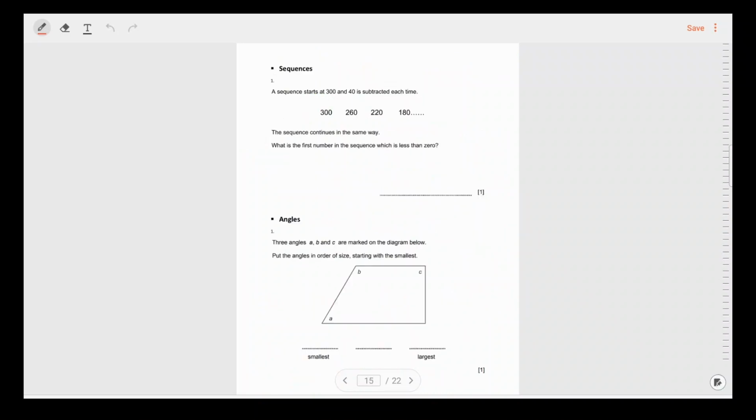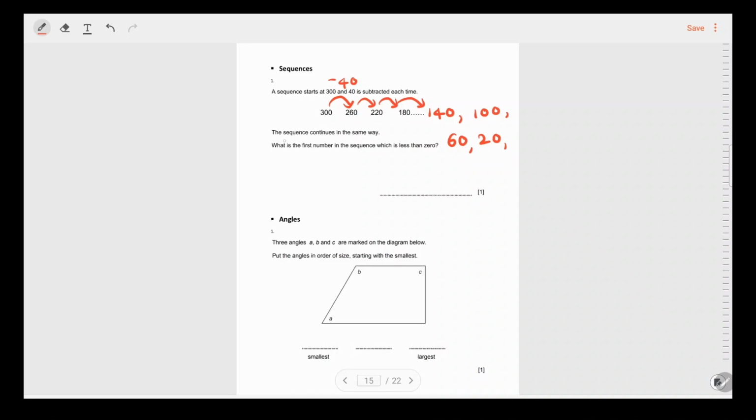The next topic is sequences. We have one question here which says that a sequence starts at 300 and 40 is subtracted each time. So the term to term rule in this sequence is minus 40. So each time we subtract 40, and if we keep this going, we have 140, 100, 60, 20, and so on.